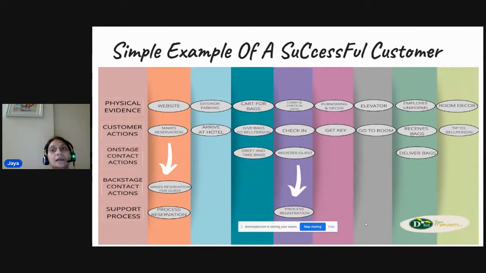How do we get a successful customer? There are five stages in a simple example of a successful customer journey. First is physical evidence, which comprises the website. Why do we call the website physical evidence?